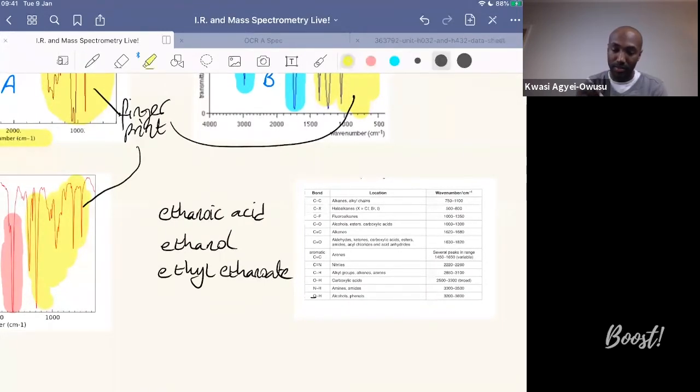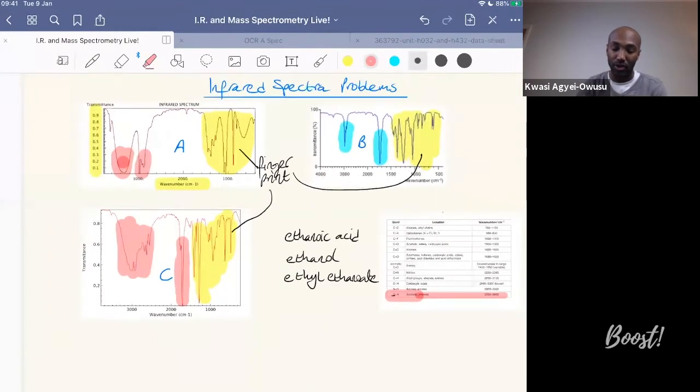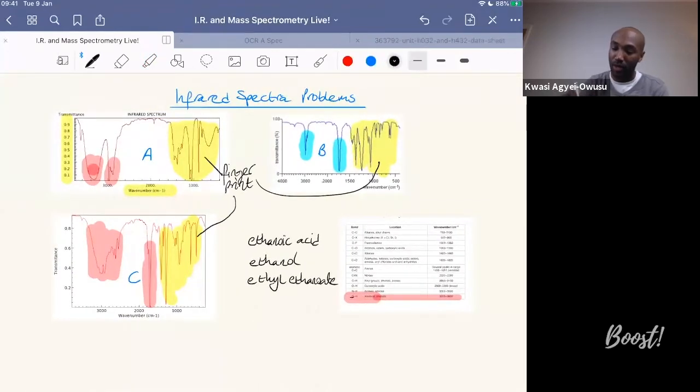Okay, so if we take a highlighter and select that, that is representative of an alcohol OH, and we can label our absorbance as such. Okay, so an alcohol OH.